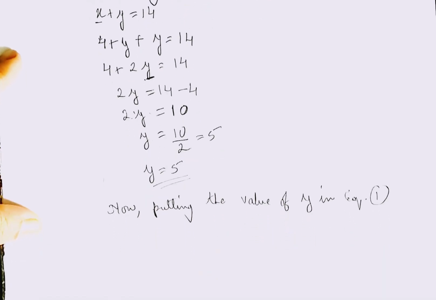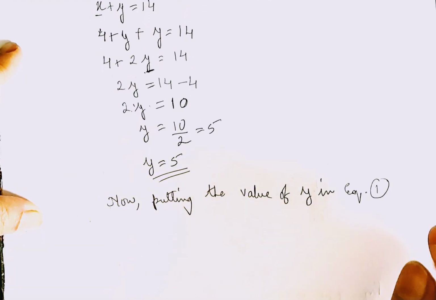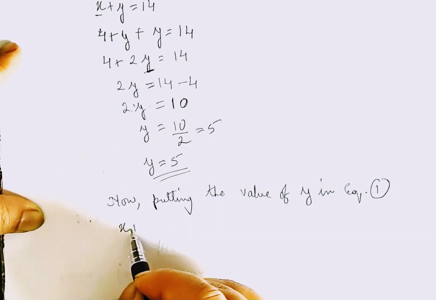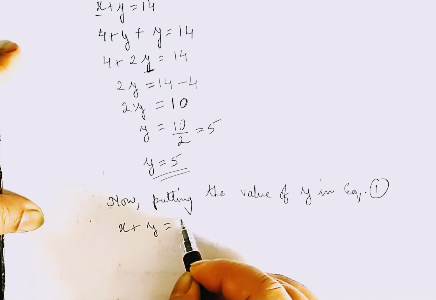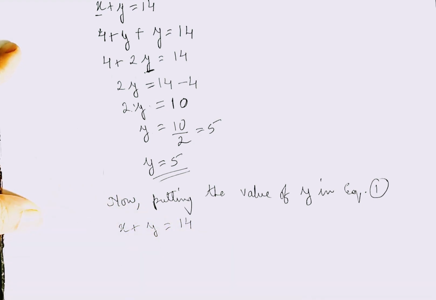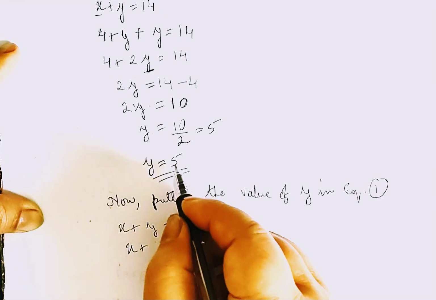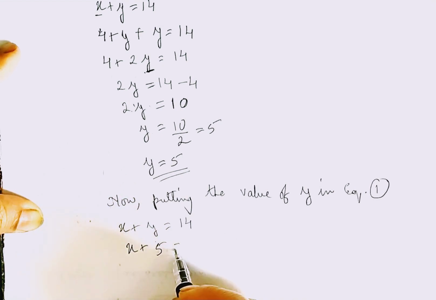What is equation number 1? It is x plus y is equal to 14, right? Now you have the value for y, that is x plus 5 is equal to 14.